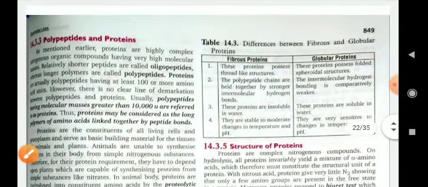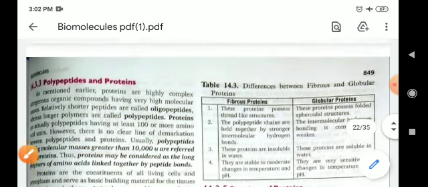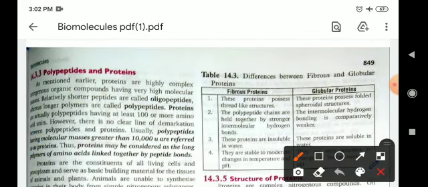Okay, so peptides and proteins. According to the peptides, we will discuss the proteins, because proteins are made up of amino acids in which peptide bonds are present. According to the peptide linkage, there are also oligopeptides and polypeptides.